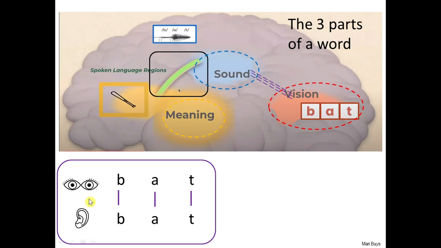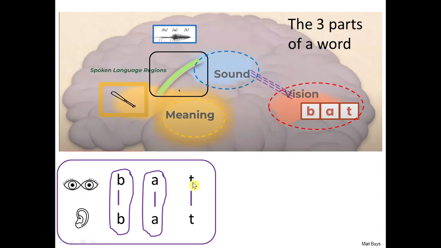So let's look at the first example. We've got bat. So the B, which is the letter that you see, says B in the word bat. The letter A says A in bat.